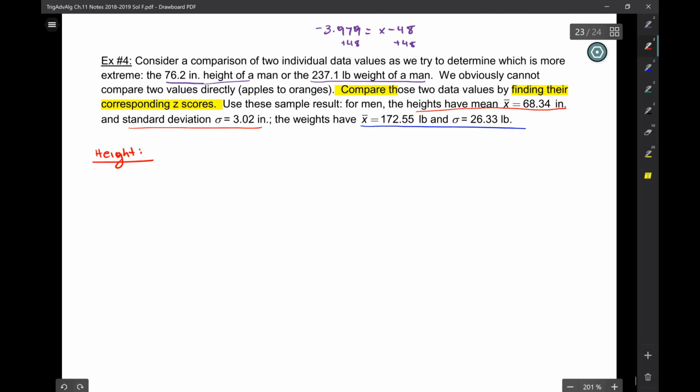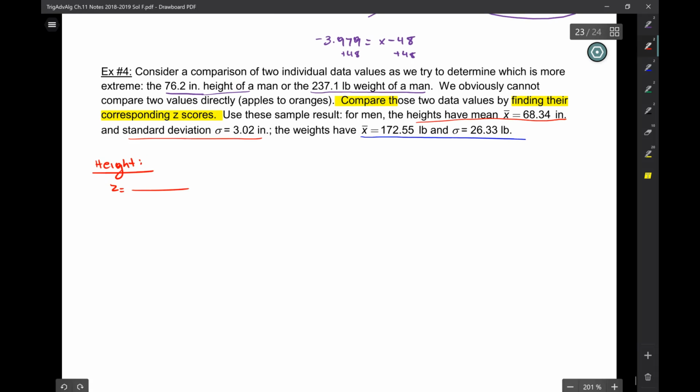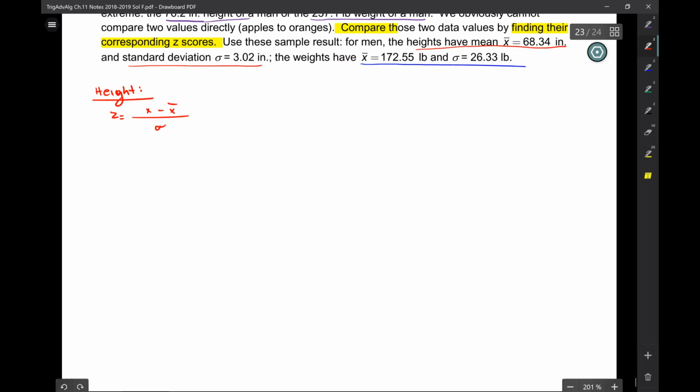All right. The z-score for the height is going to be x minus x bar over sigma. So 76.2 minus, what's x bar? 68.34 over 3.02. Now, you have to make sure these are all inches.